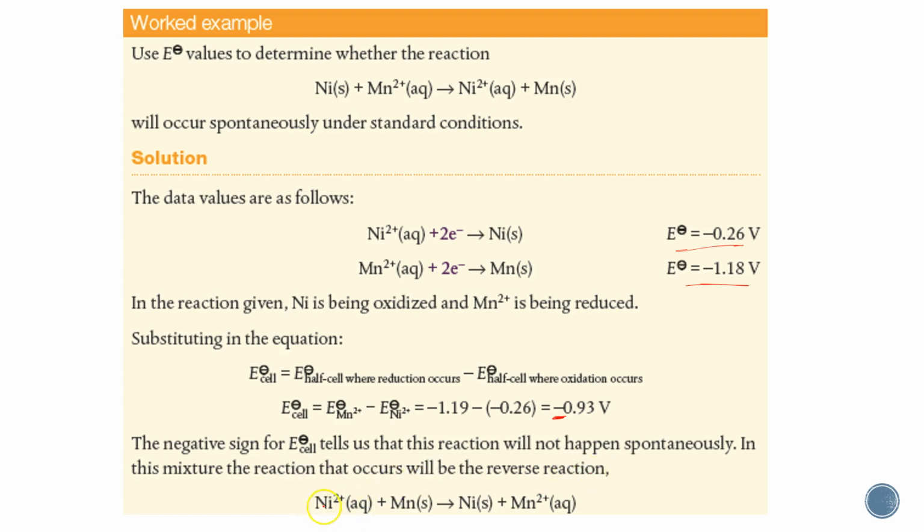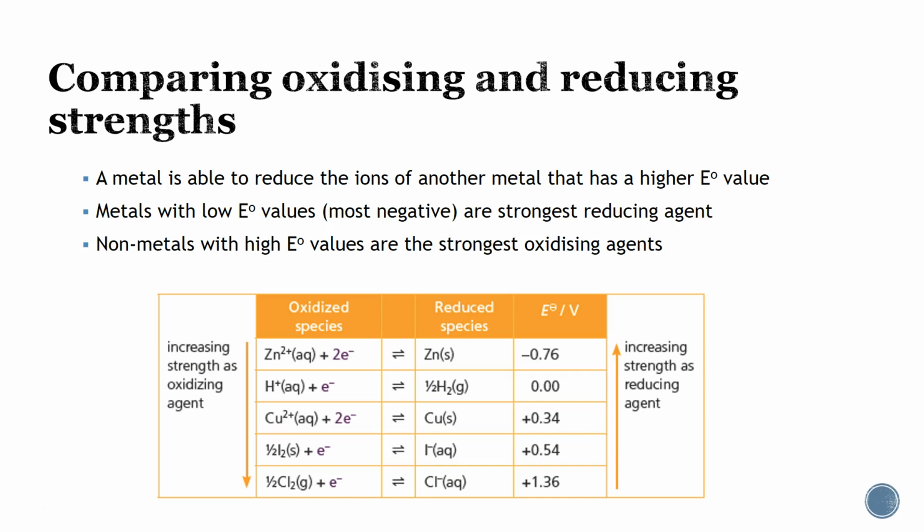We will be reducing nickel and oxidizing manganese. And you can see that kind of makes sense because nickel has already lost its electrons, so it can't really be oxidized anymore. And manganese has electrons to be able to donate, so it makes sense that it would be oxidized. When we compare oxidizing and reducing strengths, this is exactly the same as what we've done on the electrochemical series before.